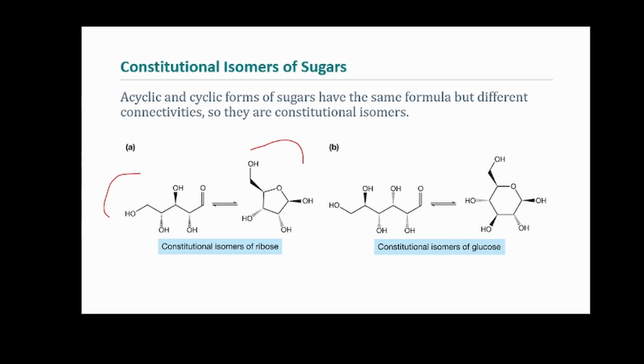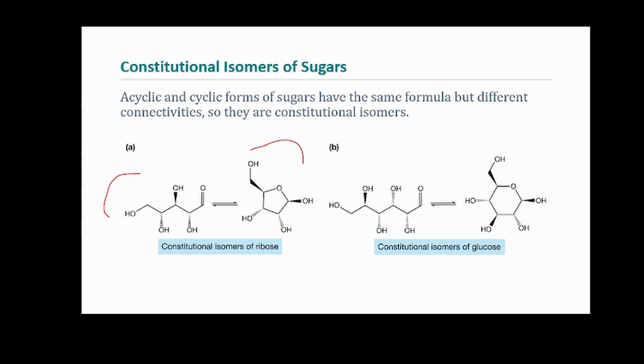Cyclic being the rings. Have the same formula, but they're going to have different connectivities. They are constitutional isomers. Do you know which form the sugars typically exist in? The cyclic. Most sugars exist about 90-something percent, usually 99% or so, in the cyclic form.